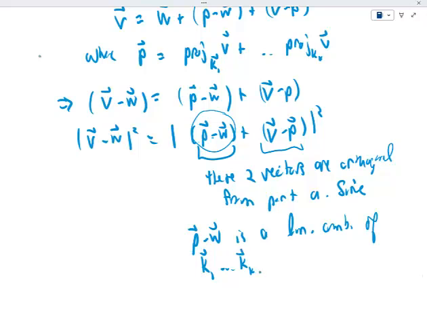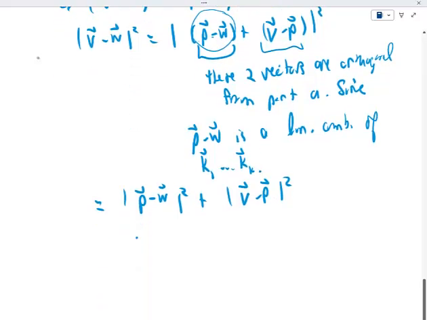So these two vectors are orthogonal. Then you can use the Pythagorean theorem, or you can use the proof that I used in part A, and write this out as an inner product. So that means that the length of V minus W squared is equal to the length of P minus W squared plus the length of V minus P squared. He shows the Pythagorean theorem in the chapter, or I actually proved it in part A.